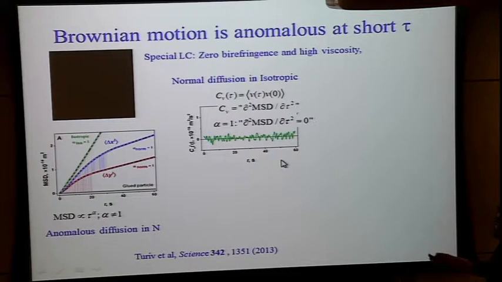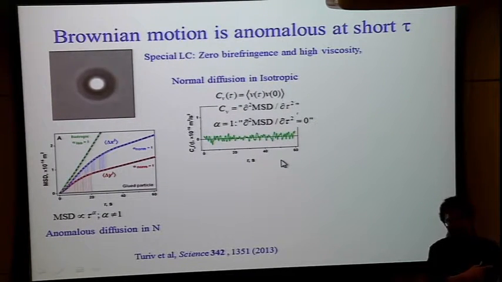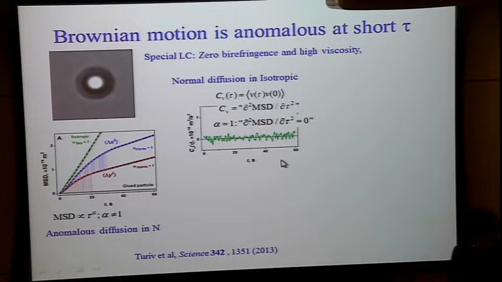So if I plot this quantity for the isotropic fluid, then I get 0. That means that, if the particle was moving this way, then the next step is not correlated. It can go backward or continue to move forward.